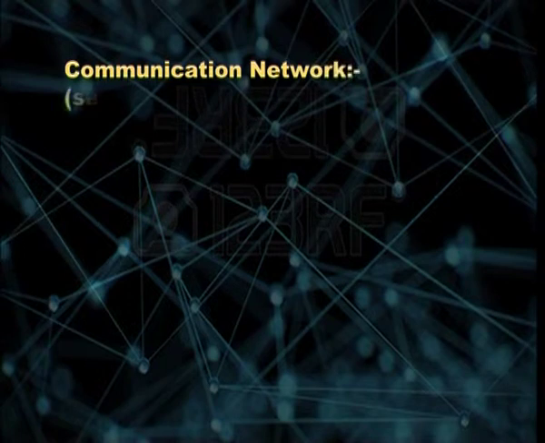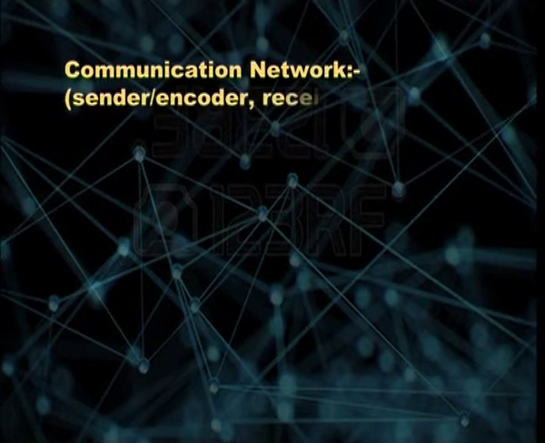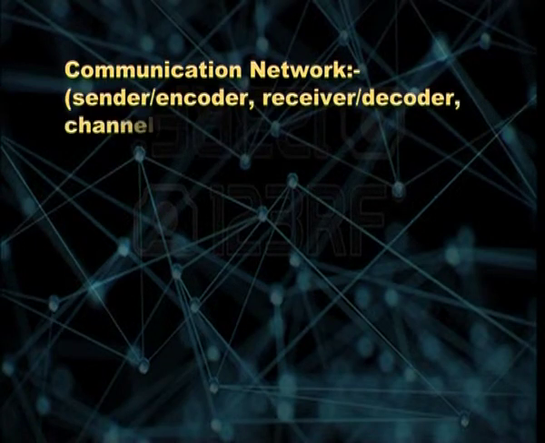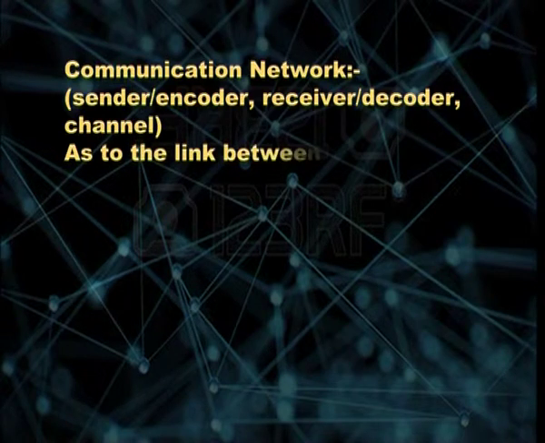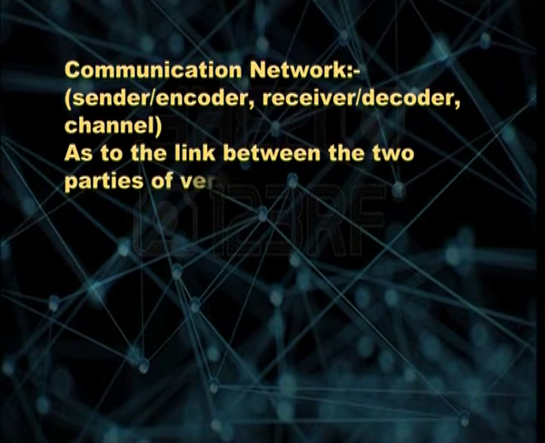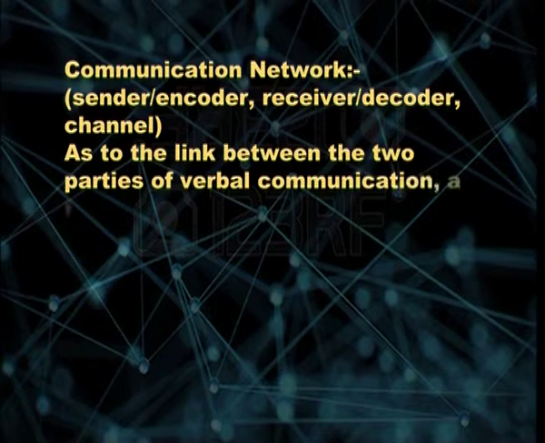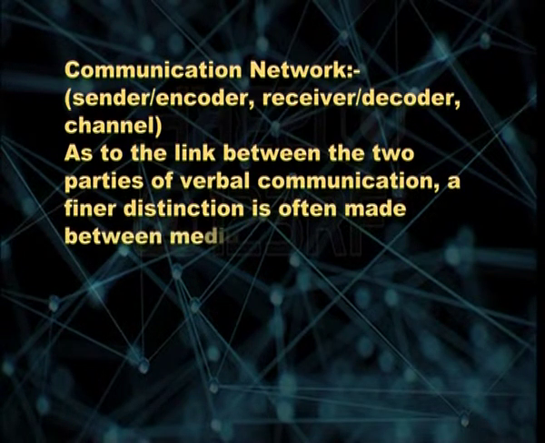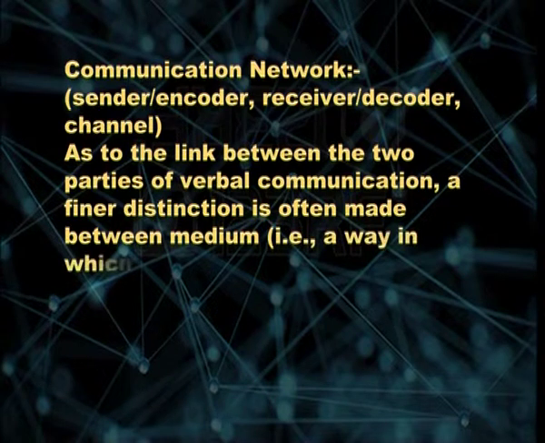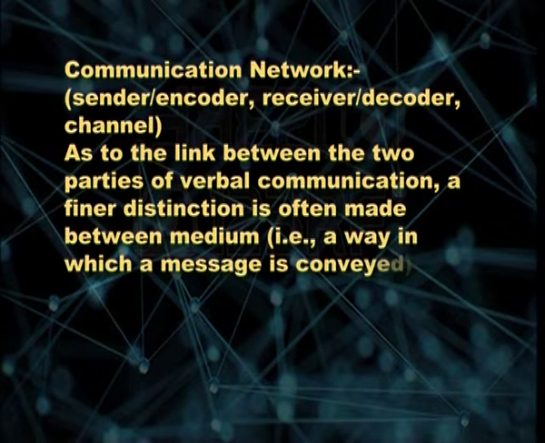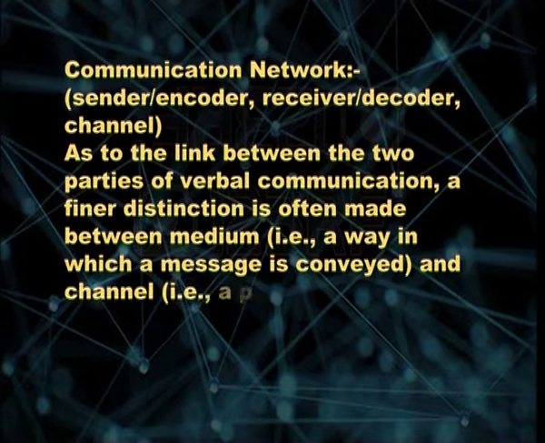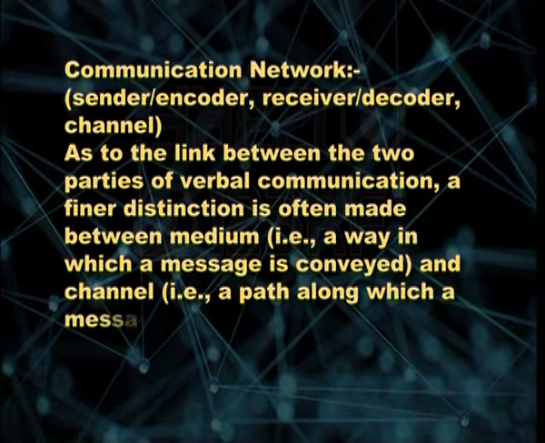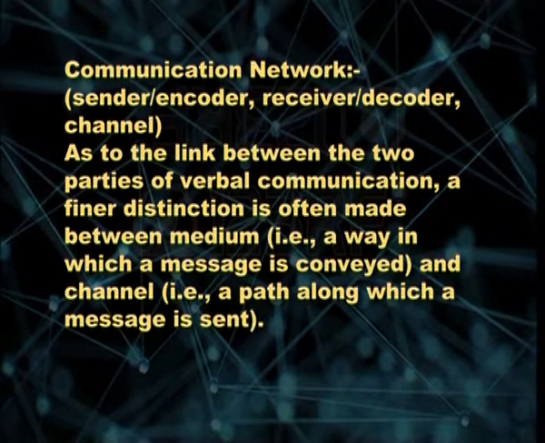Communication network: the sender, encoder, receiver, decoder, and the channel. As to the link between the two parties of verbal communication, a finer distinction is often made between medium, that is a way in which a message is conveyed, and channel, that is a path along which a message is sent.